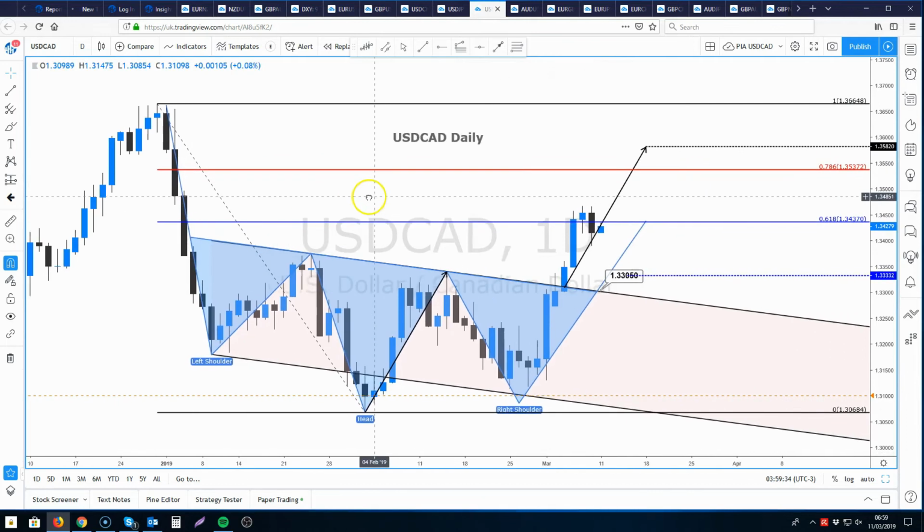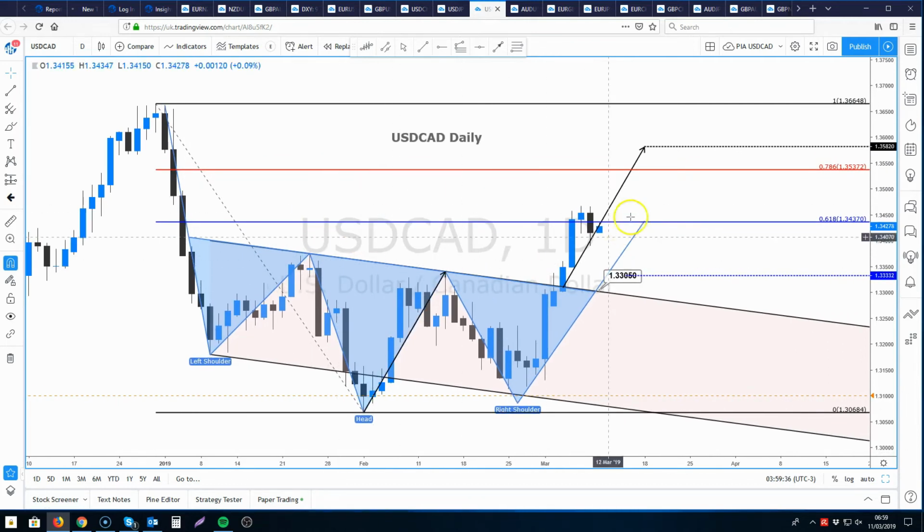Dollar CAD. We had this head and shoulders breakout. The measured move target is actually 135.82. Again, got to keep in the back of our minds that dollar bias, it's going to be limited, or we believe it's going to be limited.